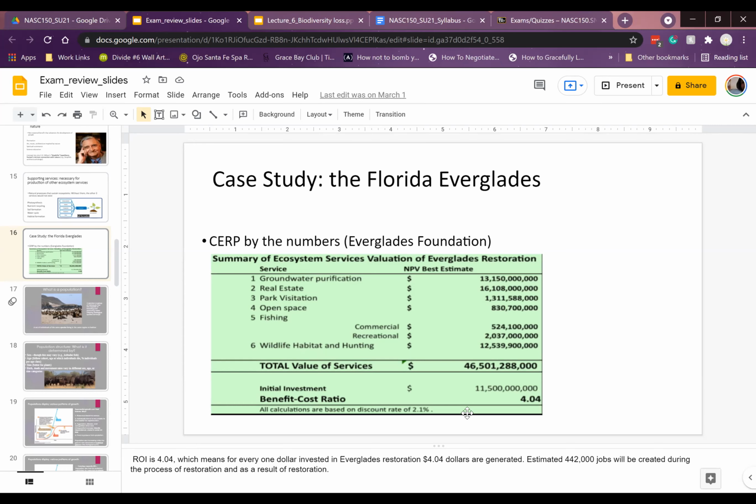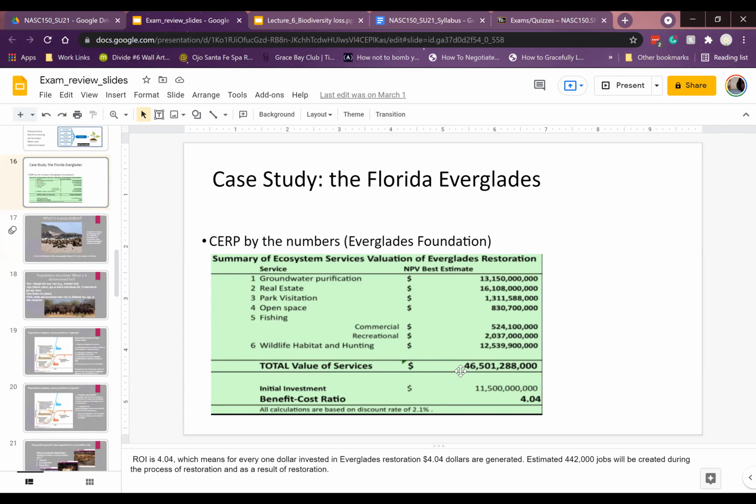So every dollar you invest into the Everglades to restore the ecosystem, bringing back biodiversity, which in turn brings back these services, nets you a return of $4.04, or for an $11 billion investment, you get back $46 billion. So not a bad chunk of change for the state of Florida and the surrounding region, as well as all the people who are employed to do this sort of thing.